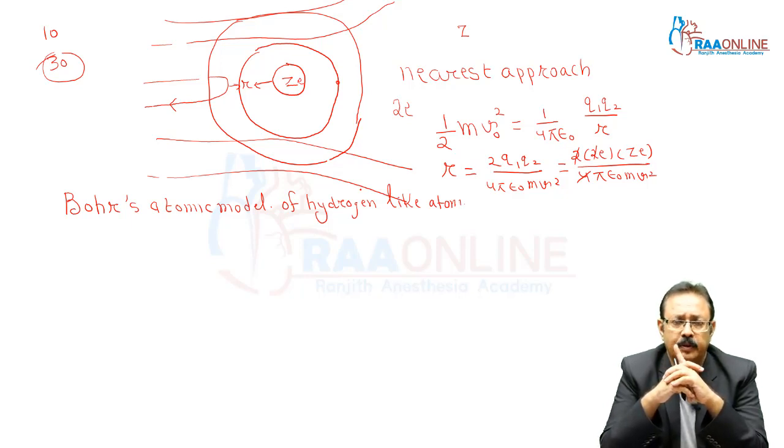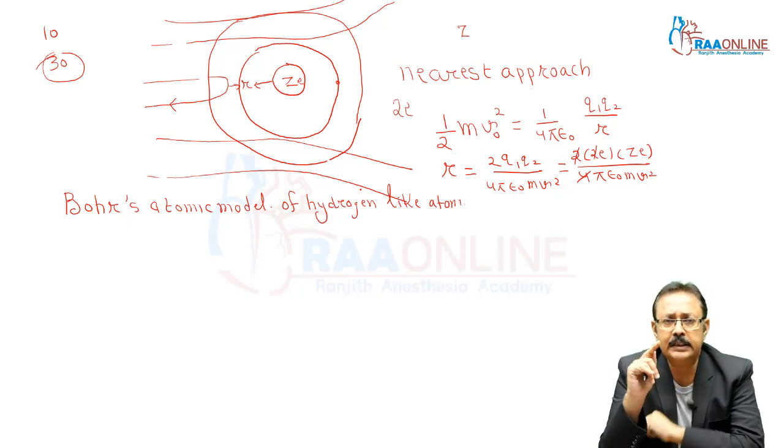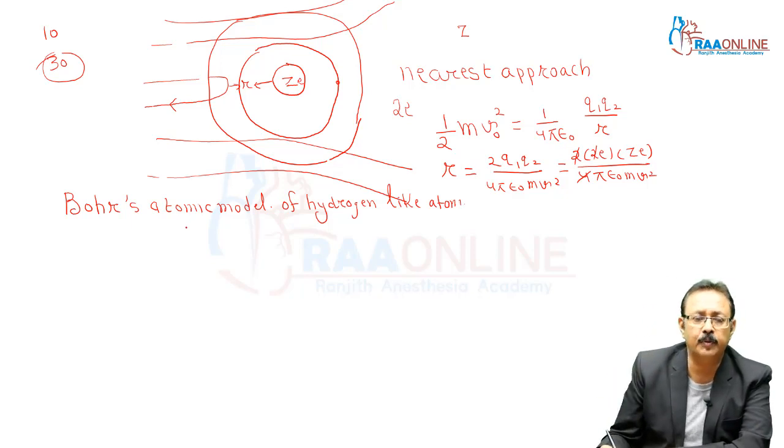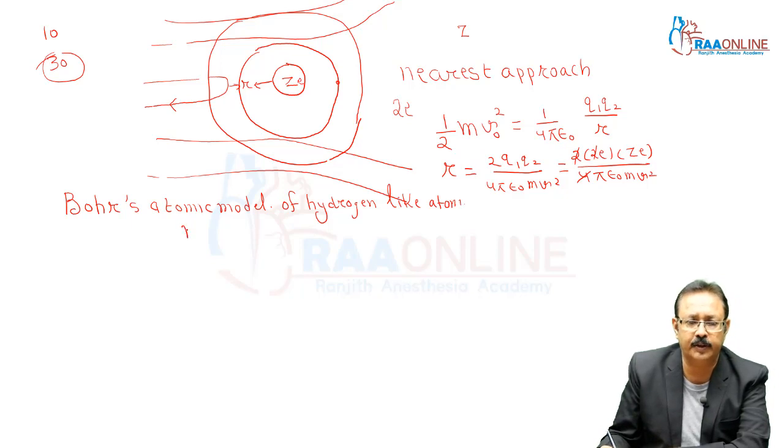Number 2, the angular momentum of the electron is an integral multiple of h upon 2 pi. h is Planck's constant. It was the most important postulate of this theory. Angular momentum we know from rotational motion.